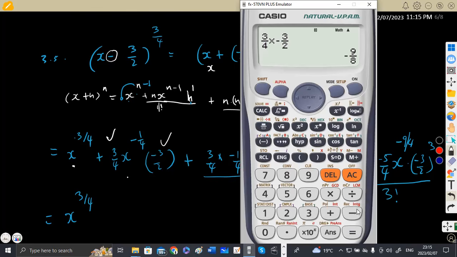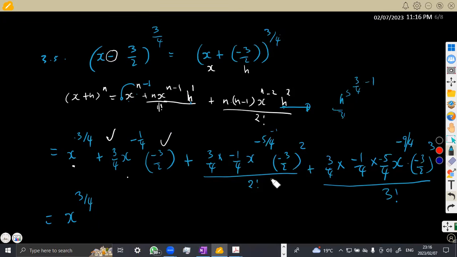So this is going to be negative 9 over 8. All right, so we are going to obtain negative 9 over 8, x to the exponent of negative 1 over 4. You do the same thing on this part.